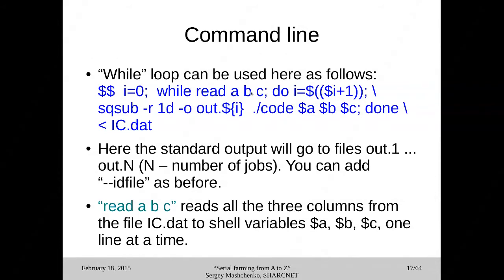After while read, you provide a list of variables which will read one line at a time from that table. And you provide the names of the variables where each column will go. So as listed on the bottom of this slide, read A B C will read 3 columns into 3 separate Bash variables, A B C, one line at a time.